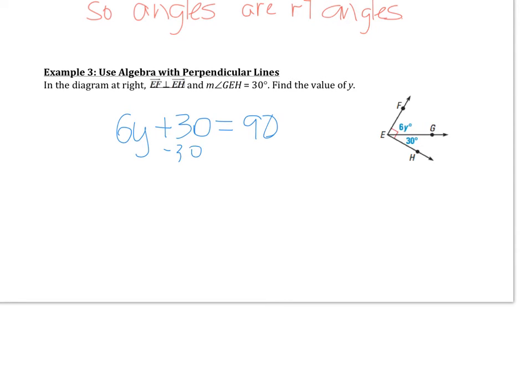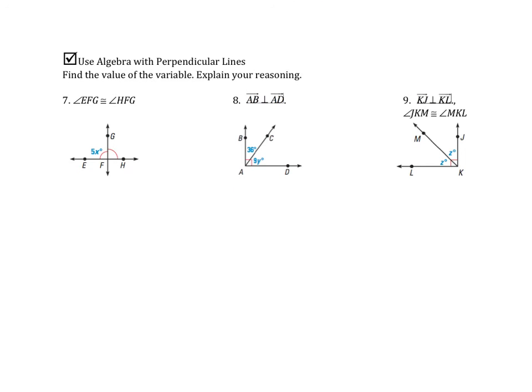Subtract 30. Divide by 6. So y equals 10. Okay, you have a few to try on the next page, so go and try them first before you look at the answers.